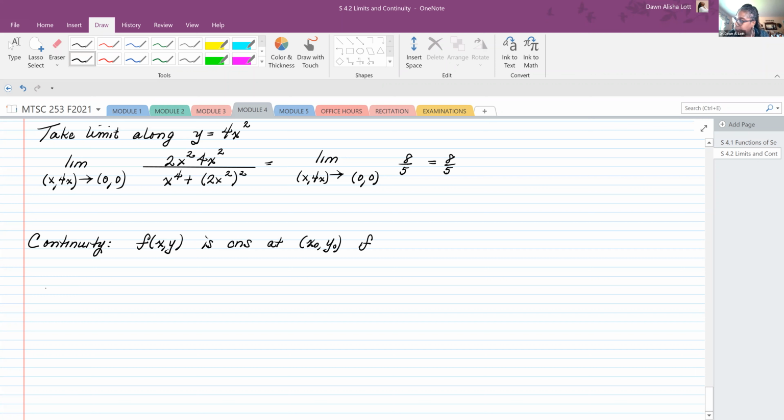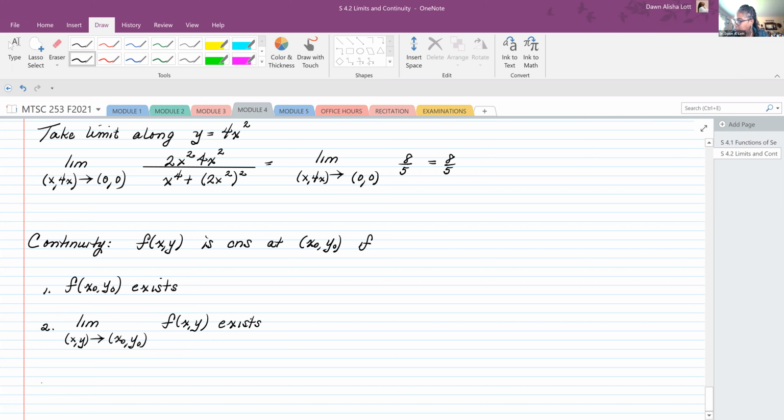Number 1, f of x0, y0 exists. 2, the limit as x, y approaches x0, y0 of f of x, y also exists.